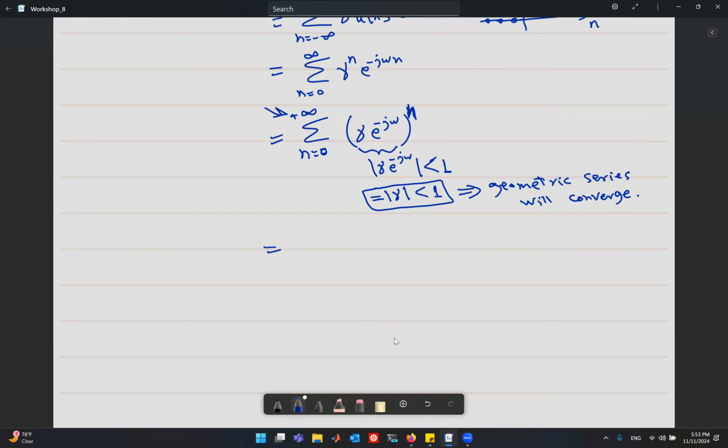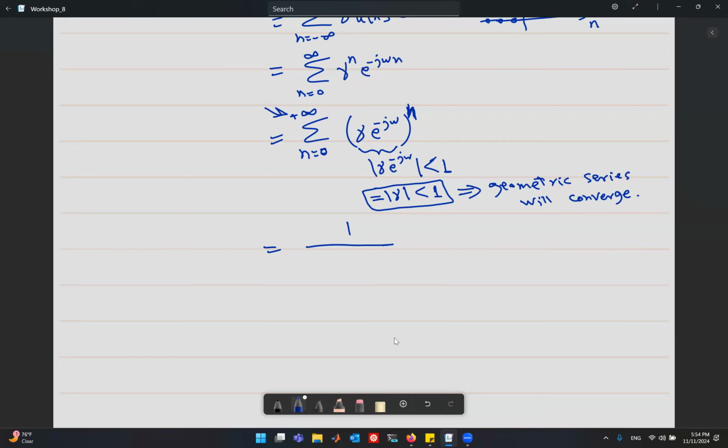And it will converge to this value. You must be aware of how to find the value of a geometric series by now, because we have used it a lot. I think it was provided early in this course, maybe in the first week.